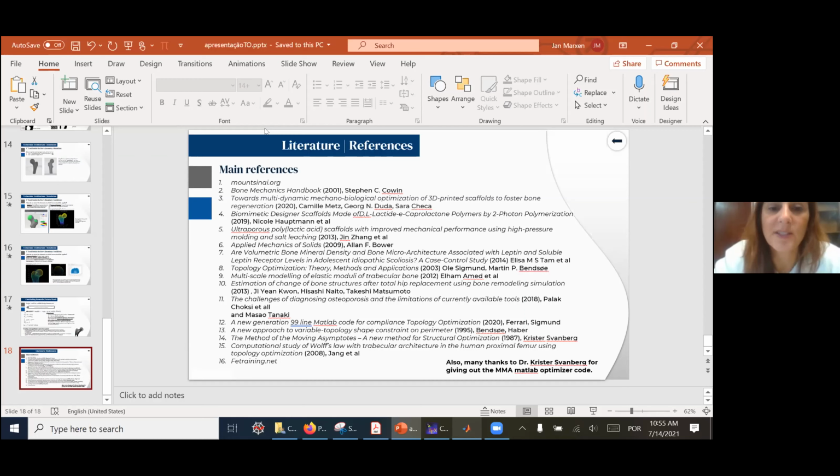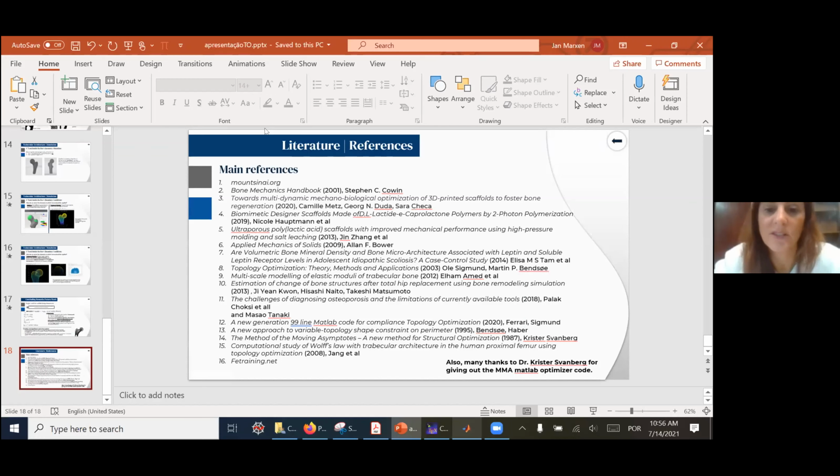But the next step will be trying to mimic this in our laboratories in CDRSP. We are a research unit from FCT, focused on additive manufacturing applications, 3D printing, and we have developed our own equipment, and laboratories where we can print these structures, and then we will test them in vitro and also in vivo in the near future.